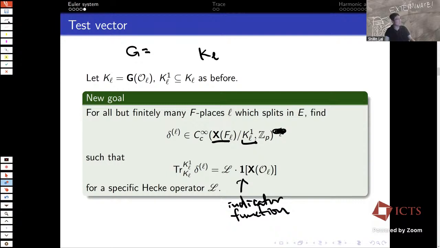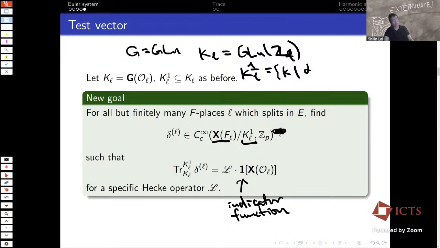That's the easiest. So KL would be the maximal compact subgroup, let's just take GLN of ZL. KL1 would be integral matrices whose determinant is 1 mod L. So this is a normal subgroup of index L minus 1.